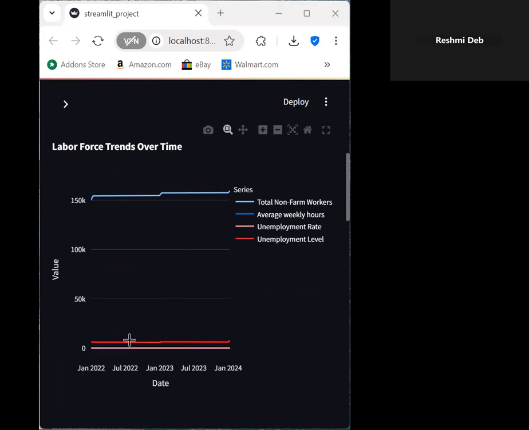Here there is a blue line underneath the red line which has average weekly hours, and these two, unemployment level and average weekly hours, are relatively the same, so they are mostly stable. And the unemployment rate is flat, suggesting that it has been relatively low and stable over the period of time.